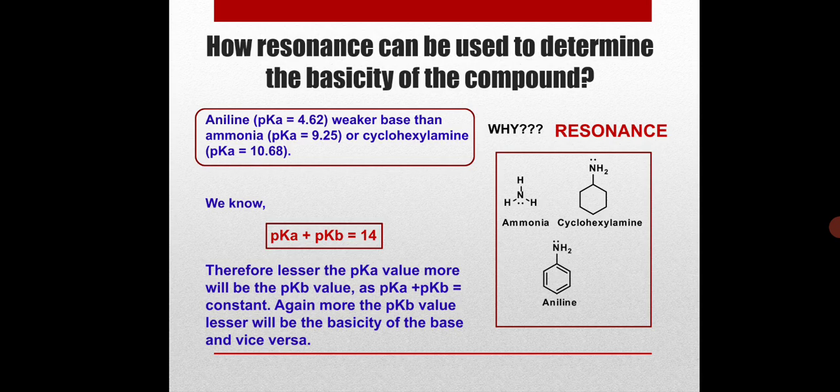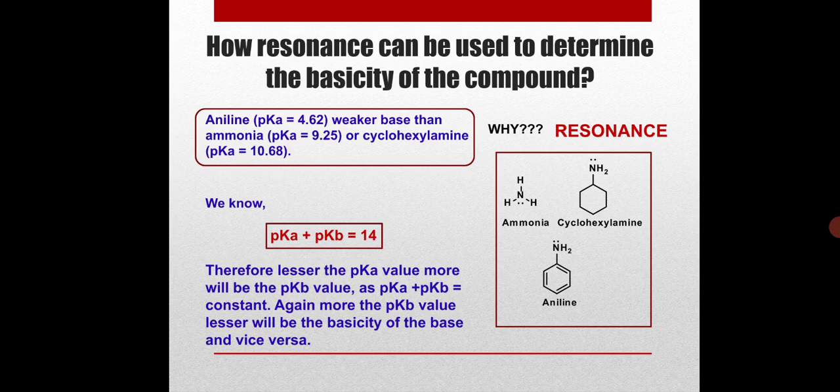Again, more the pKb value, lesser will be the basicity of the compound, or lesser the pKb value, more will be the basicity of the compound. So aniline has a pKa value of 4.62, which is less, and so the pKb value will be more. More the pKb value, lesser will be the basicity. So aniline is less basic than ammonia and cyclohexylamine.